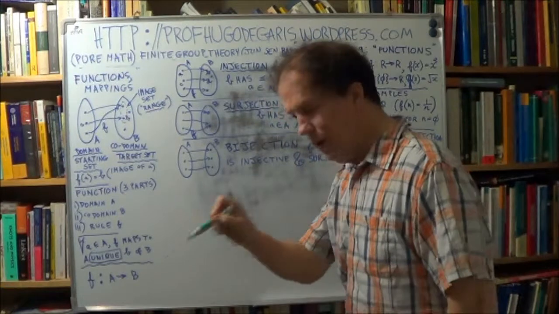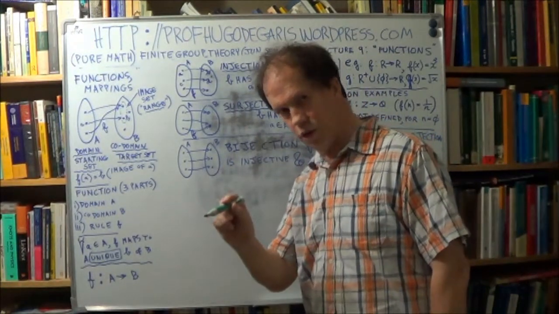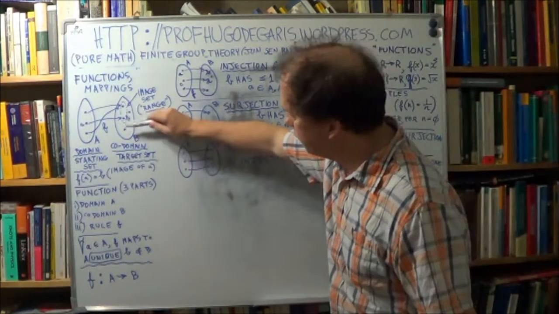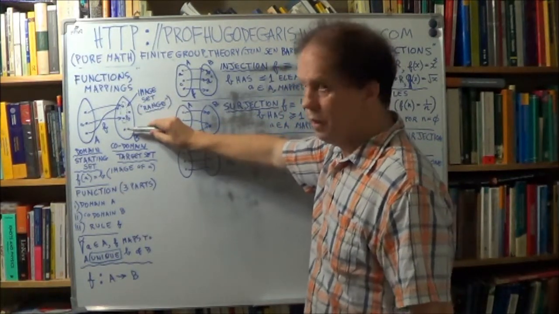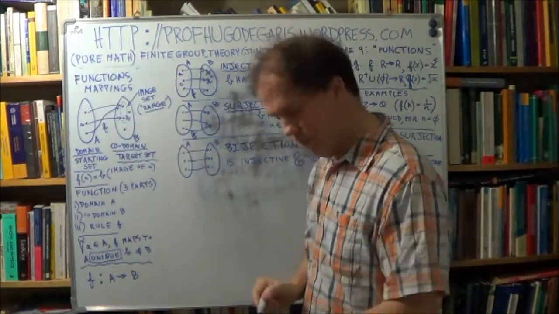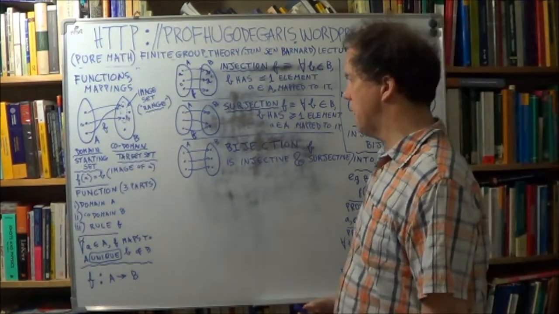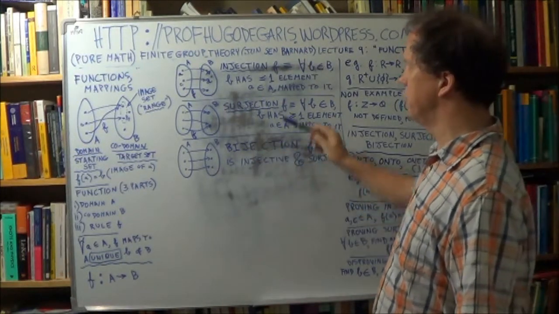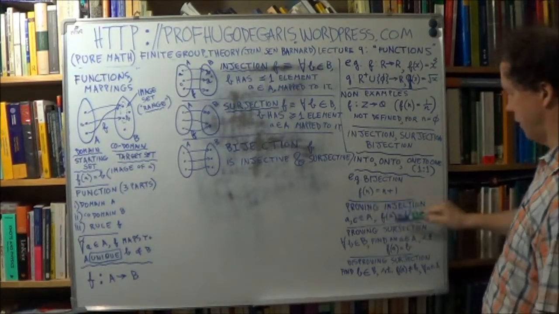To prove that your candidate function f is not a surjection, is not surjective as an adjective, you just go looking for some member of your codomain that is not mapped to from your domain. Okay. So if you want to prove a function is bijective, you have to prove that it's injective, and to do that you do this, okay?